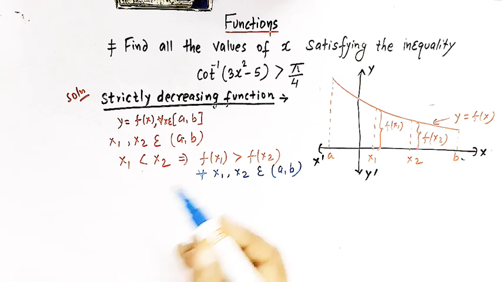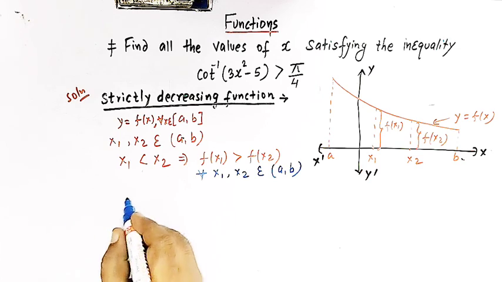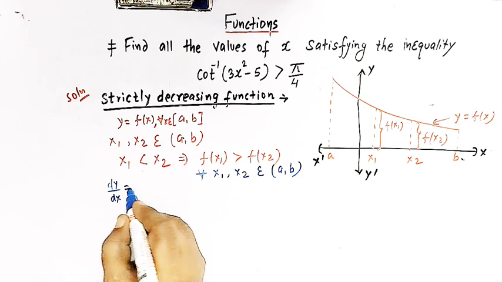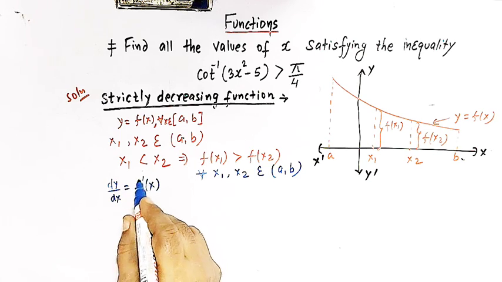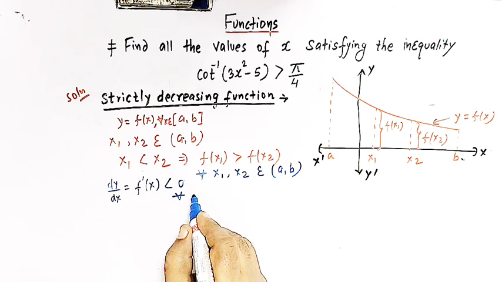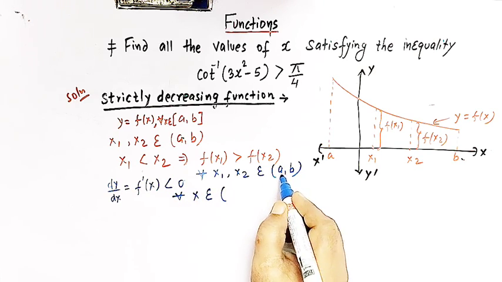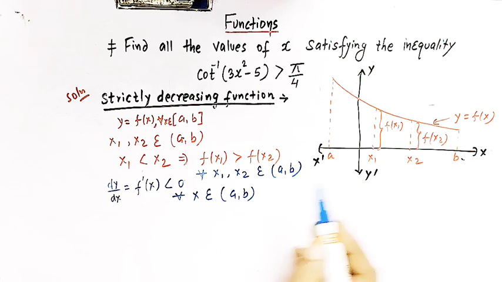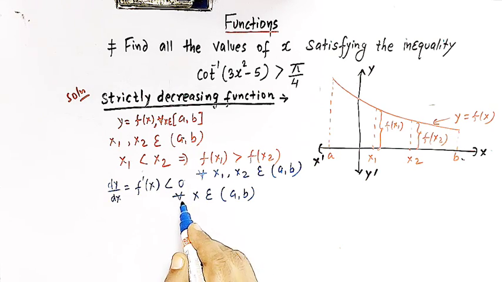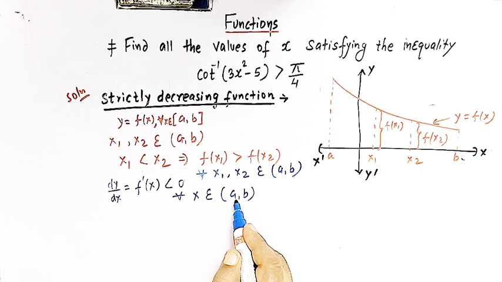And the second definition of strictly decreasing function is that if we find the derivative, that is dy over dx, which is f prime of x, and if f prime of x is negative, that is less than 0 for all values of x belonging to this interval a comma b, then the function is said to be strictly decreasing. So if the derivative is less than 0 for all x belonging to the interval a comma b, then also the function is said to be strictly decreasing.